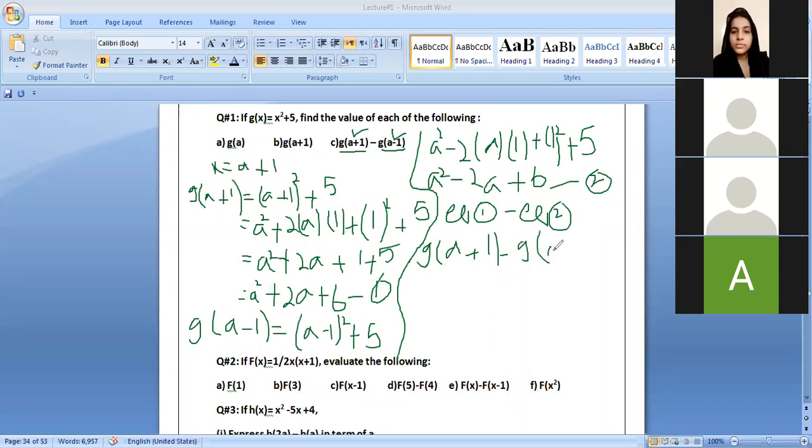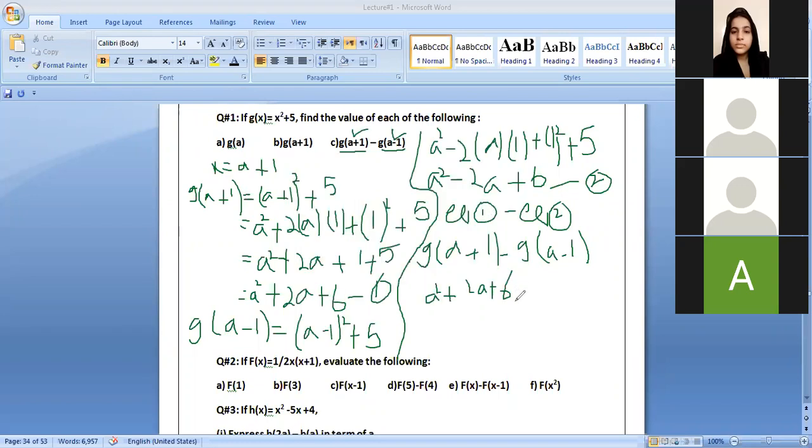I'm repeating the question. Okay, and g(a+1) we have a square plus 2a plus 6. Okay, and then just a second, students.